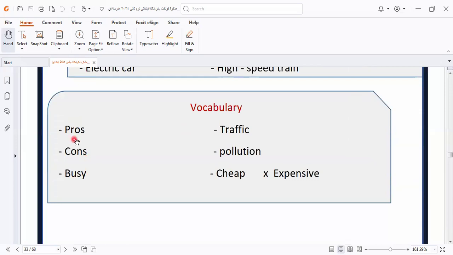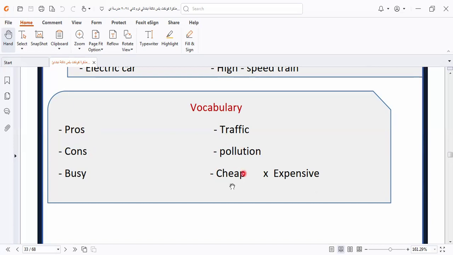Pros and cons means advantage and disadvantage. Okay, pros, cons, busy, traffic, pollution.